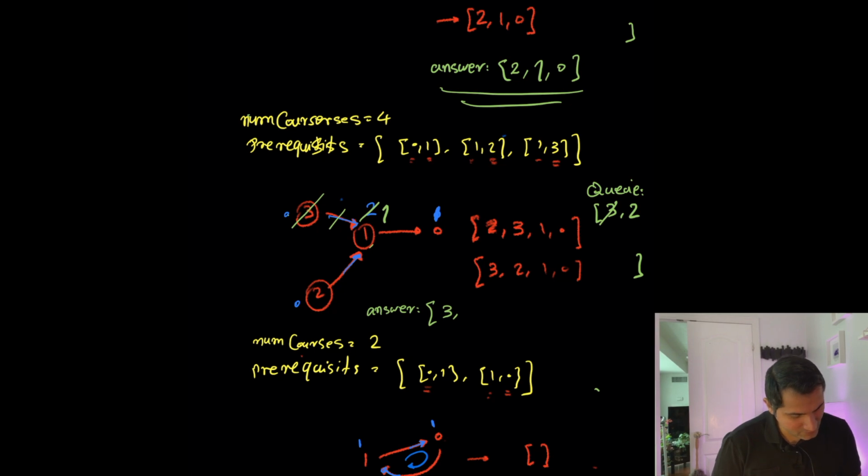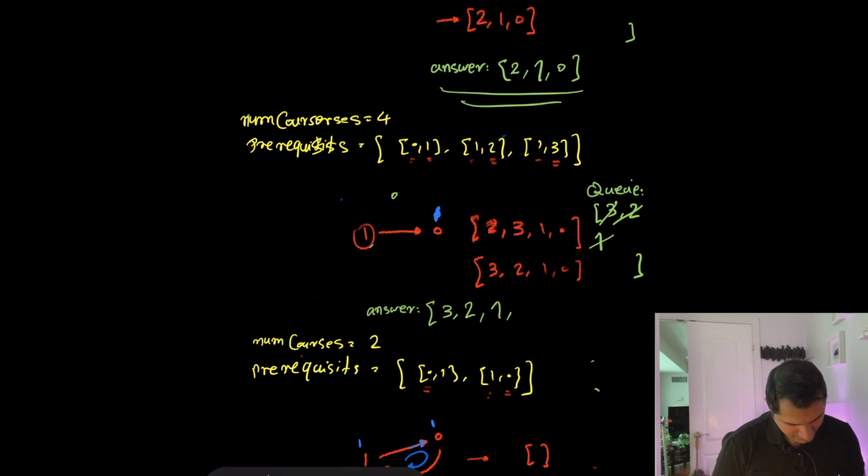Then I check my queue. Okay, there's 2 in it. I remove it, I add it to my answer, and I remove it from my graph. And when I remove it, I have to update its neighbor's in degree. So the in degree of 1 is 1. Now I decrease it, and it becomes 0. Since it becomes 0, I add it to my queue. I pick it up, add it to my answer, remove it from my graph, and update the degree of its neighbor.